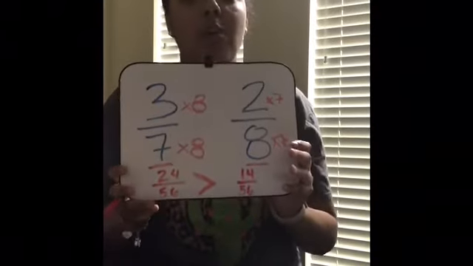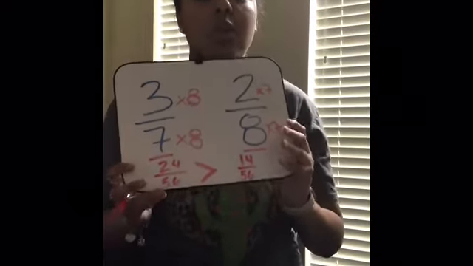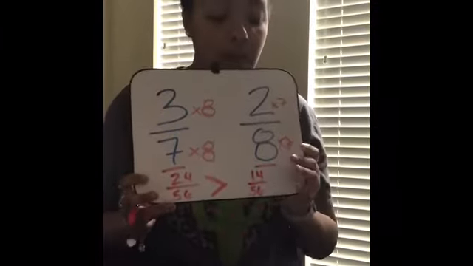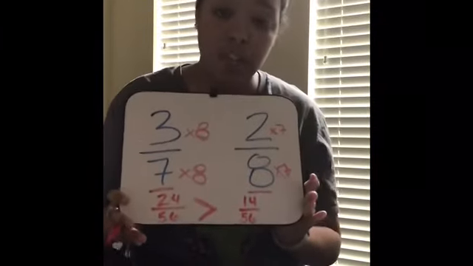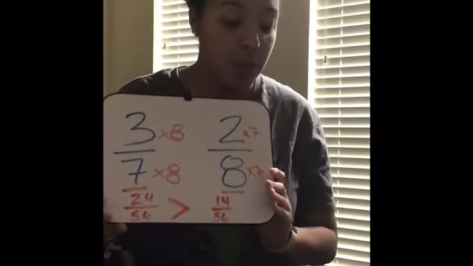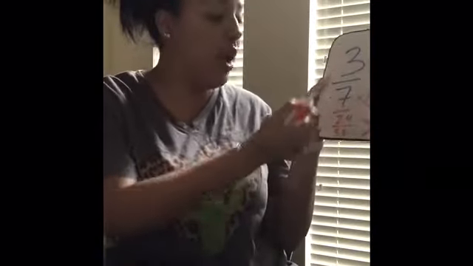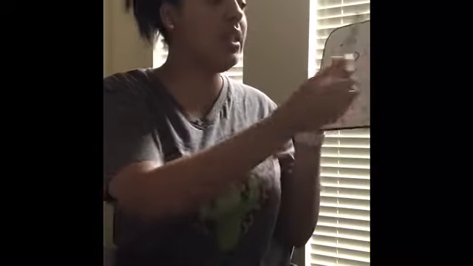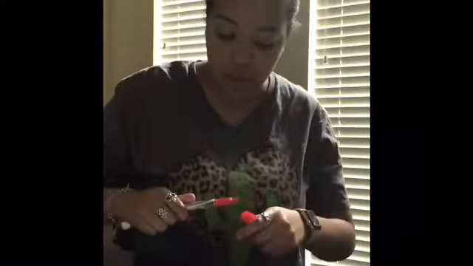You're always going to go back to those original 2 fractions, okay? So our original 2 fractions were 3/7 compared to 2/8, okay? So that's why it's important to show your work so you can keep it organized and you'll know, okay, well, this goes with this and this goes with this, okay? So make sure you write that down.